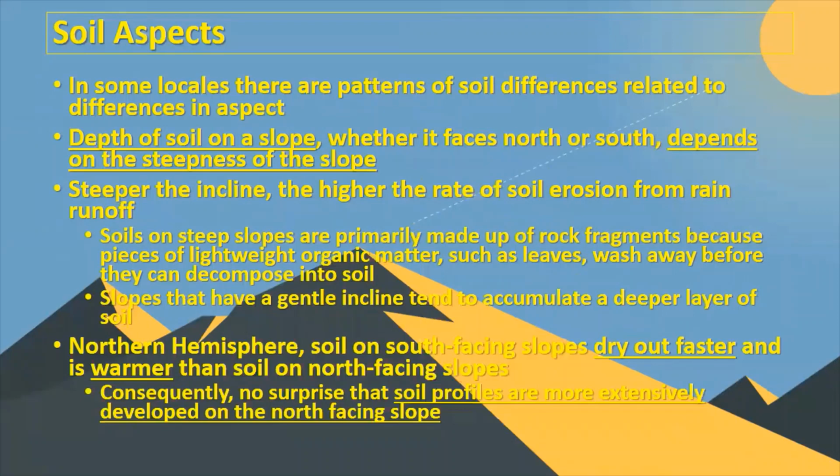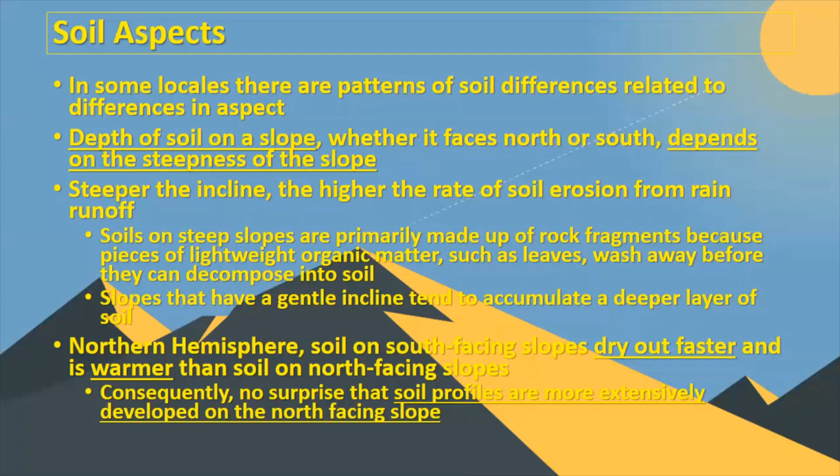In some locales, there are patterns of soil differences related to differences in aspect, of course. The depth of soil on a slope, whether it faces north or south, solely depends on the steepness of the slope. So gravity is playing in that effect. The steeper the incline, the higher the rate of soil erosion from rain runoff. And then soils on steep slopes are primarily made up of rocky fragments because pieces of the lightweight organic matter, such as leaves, have already washed away before they can decompose into the soil.